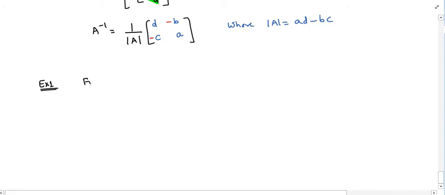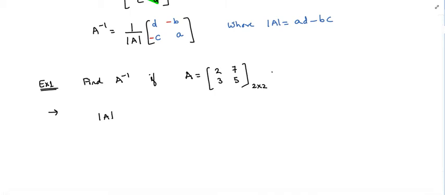Let's understand this with the help of an example. Find A inverse if the matrix A is 2, 3, 7 and 5. First of all, it is a 2 by 2 matrix, a square matrix, so we can find the inverse. First find the determinant. This is step 1.